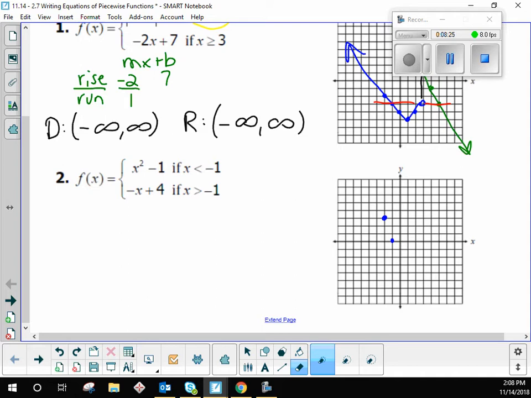So that's gone. Do I keep this boundary point as solid, or does it need to be open? Open, because it's all values less than negative 1, not equal to. So I use my eraser. I erase that point, and I make it an open circle. And then I draw it in like that.